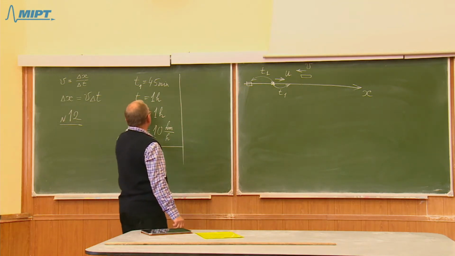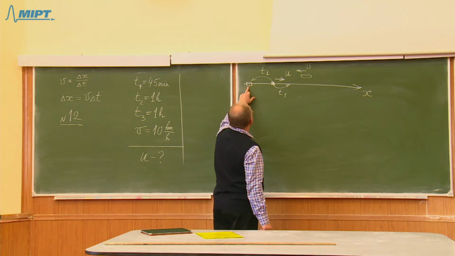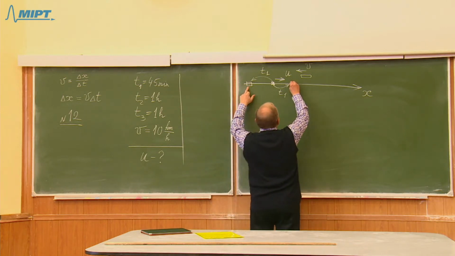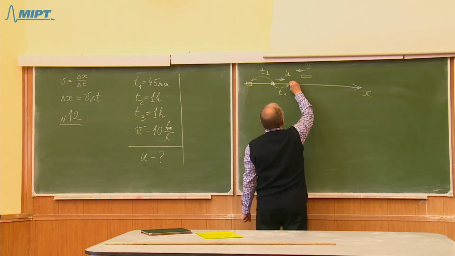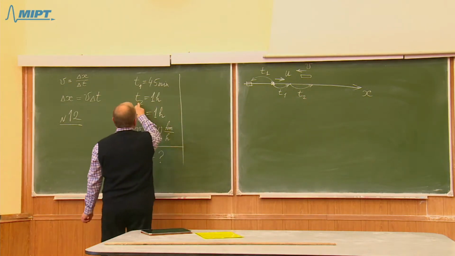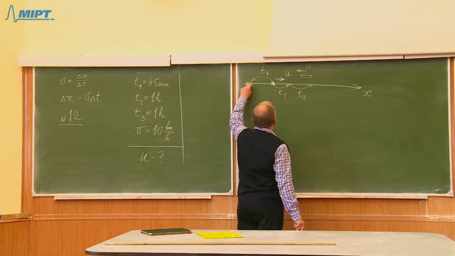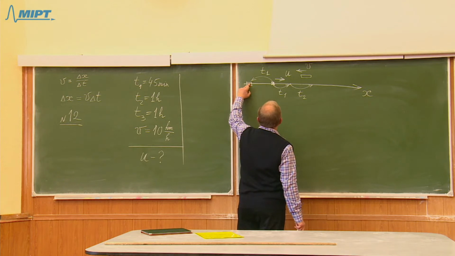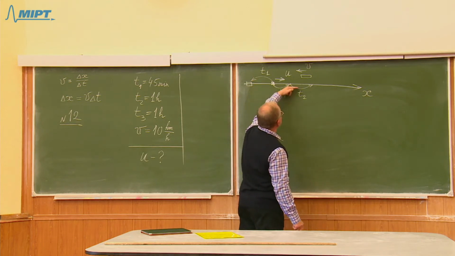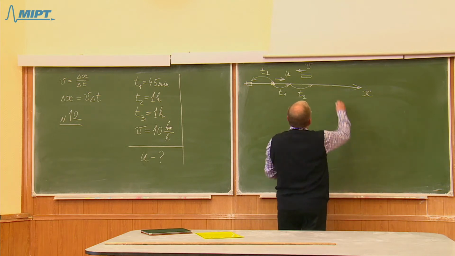And then, while the motorboat was standing here without any motion, the raft during this time went downstream, and it took time interval t2, 1 hour, for the raft to go down, while the motorboat was standing here. And then the motorboat started downstream and overtook the raft at some position here.